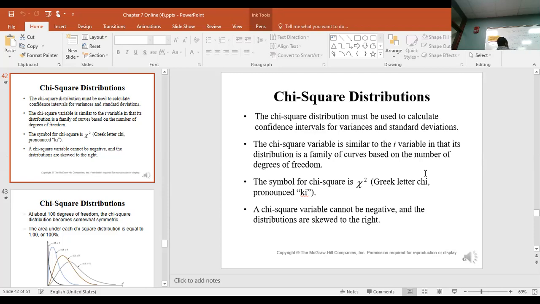It's a non-negative random variable, that is, it doesn't take negative values, which is skewed to the right.